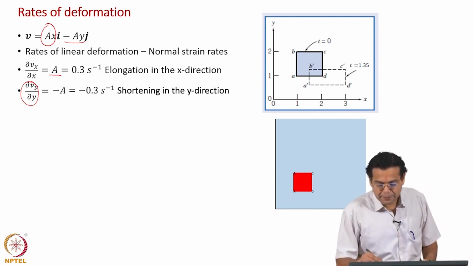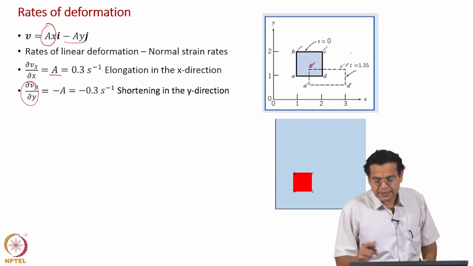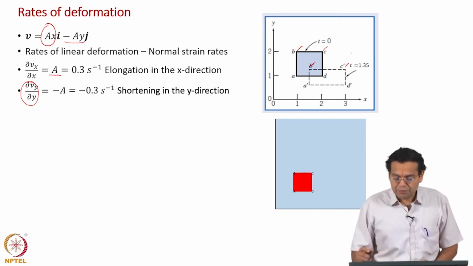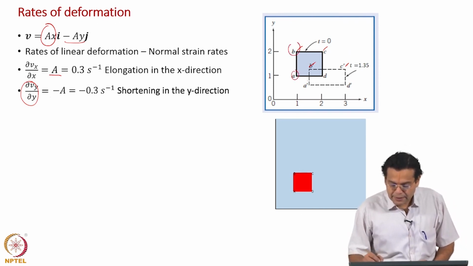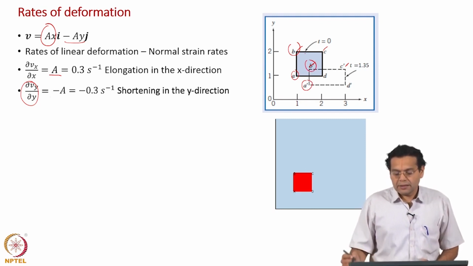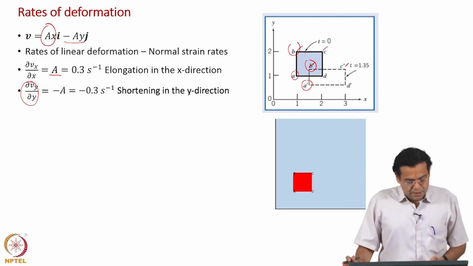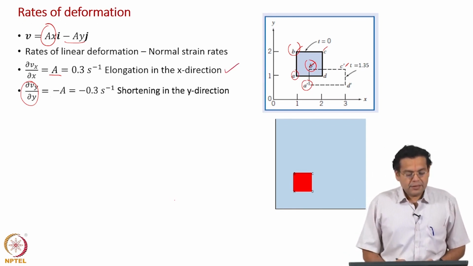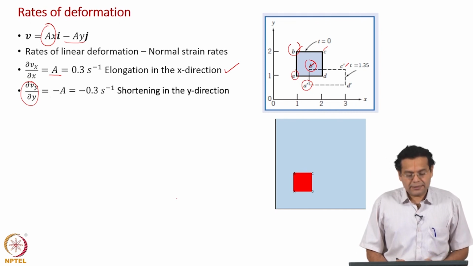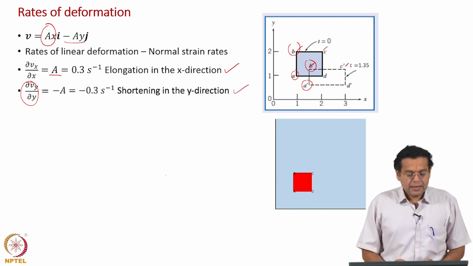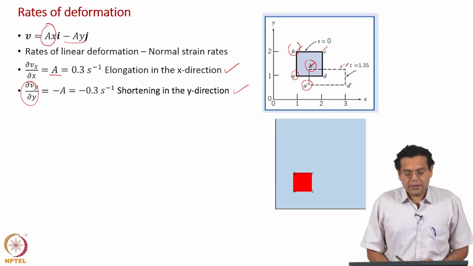If you compare BC and B dash C dash, there is elongation for the line segment along the x direction, and if you compare AB and A dash B dash, there is a shortening in the line segment which was along the y direction. So, for a line segment along the x direction there is elongation, as shown by this value of 0.3 second inverse. For a line segment along the y direction there is a decrease in length, given by this minus 0.3 second inverse.